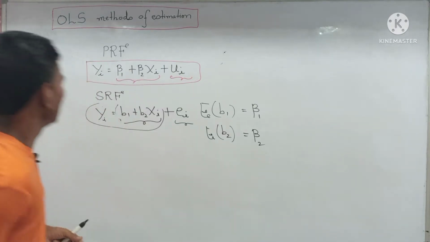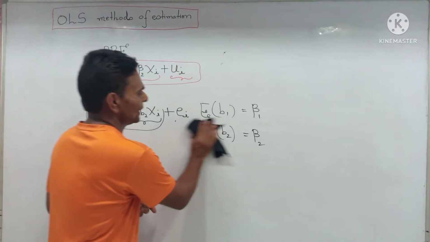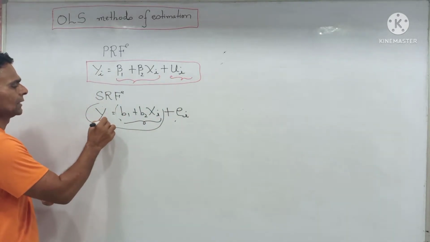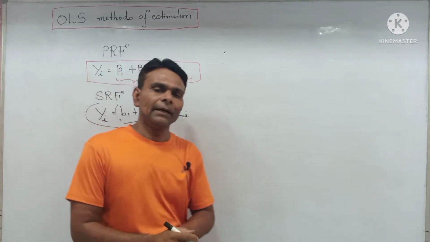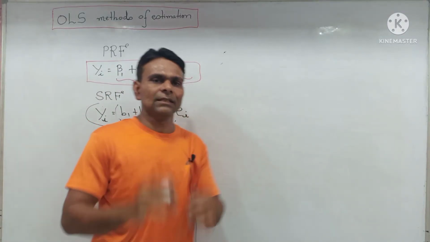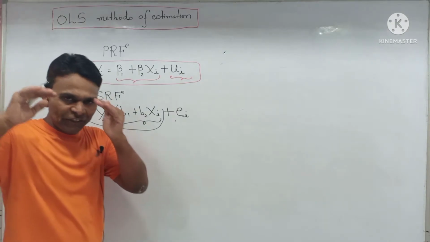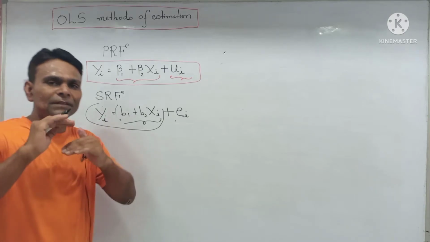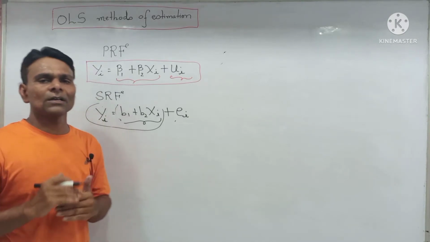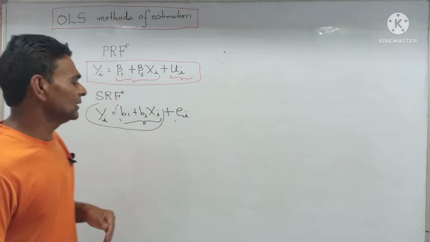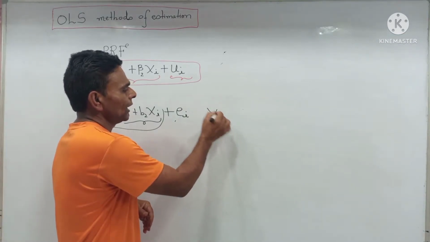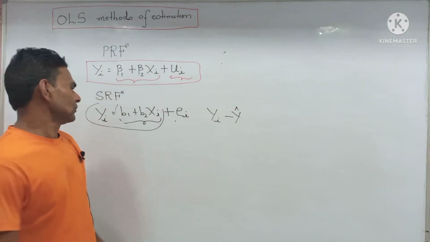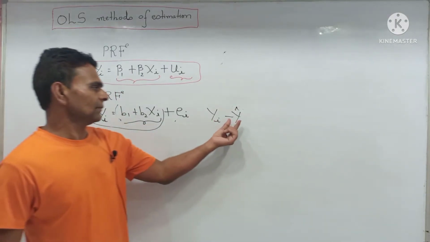which is available in the population regression function. Now, what does the OLS method tell us? The OLS method estimates the parameters of the regression model by minimizing the error sum of squares. In other words, it minimizes the sum of squares of differences between the observed value and the predicted value.